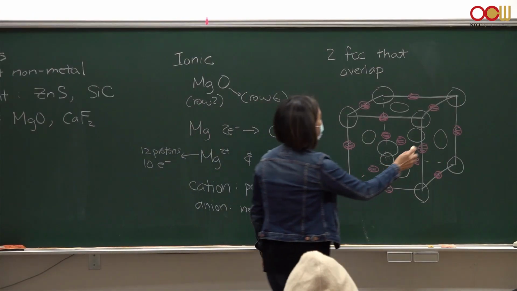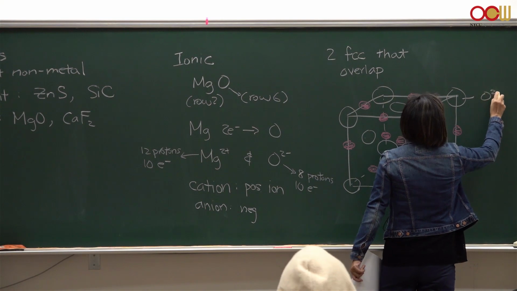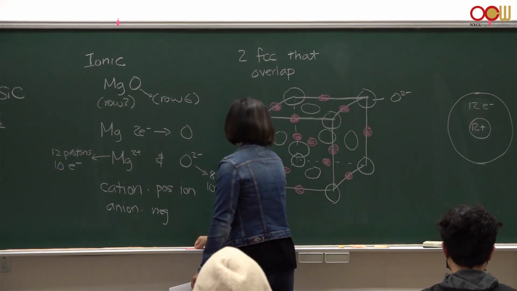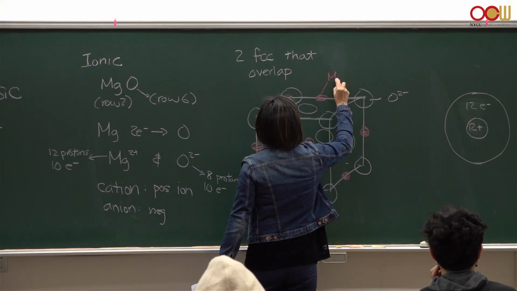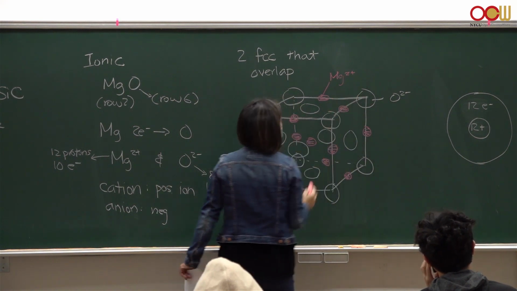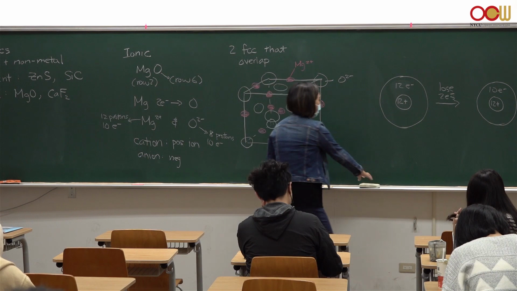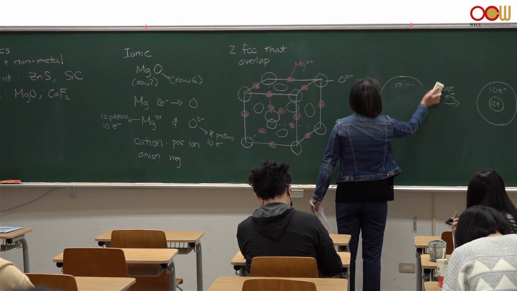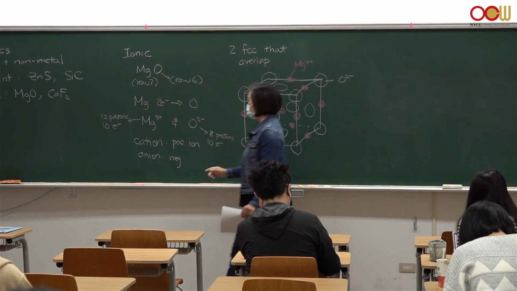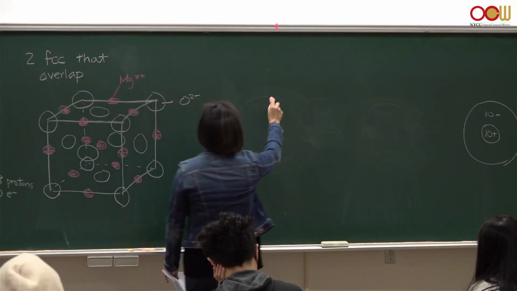So here we have our O2 minus and our Mg2 plus. I can also draw the same crystal structure with my magnesium as the corner atoms.